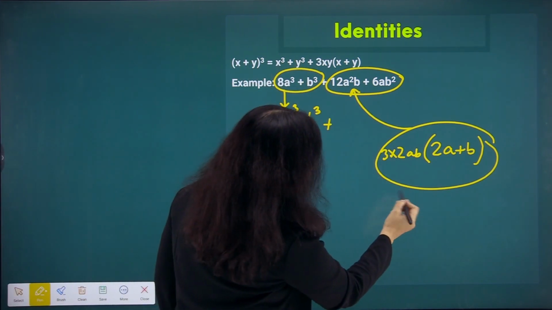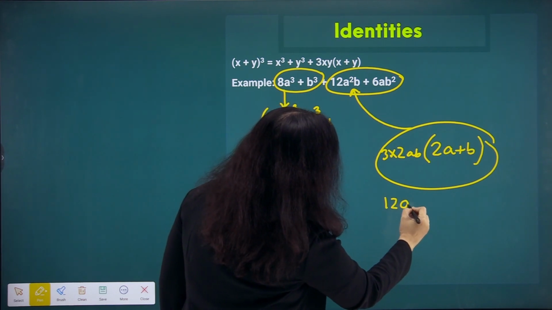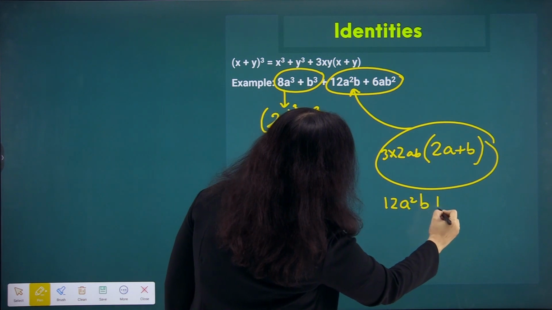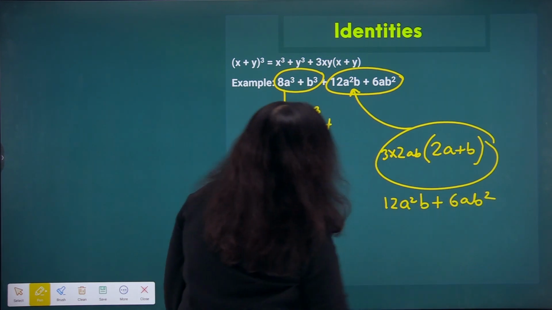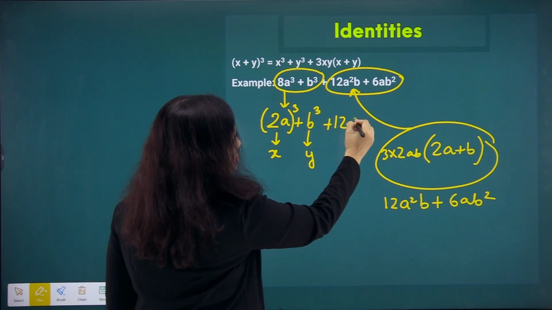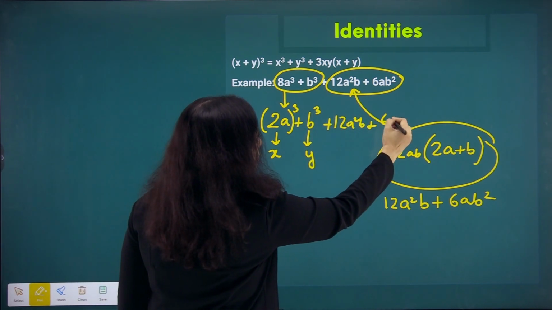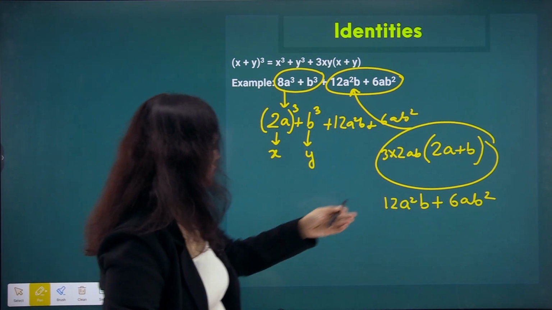So, if I expand it, write the result, I'll get 12a square b plus 6ab square. Yes. So, copying this down as it is, I have checked that my identity is complete.